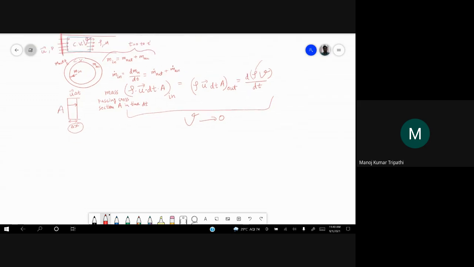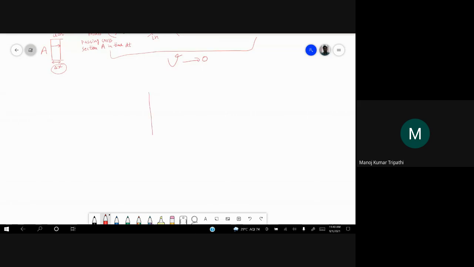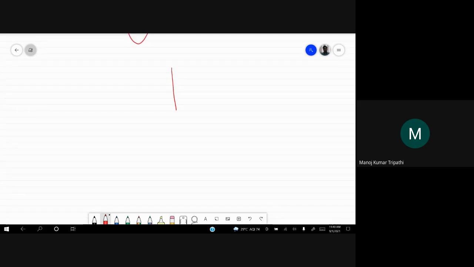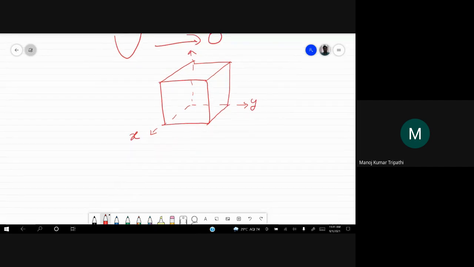Let us assume, let's say this is the x-axis, this is the y-axis, and this is the z-axis.